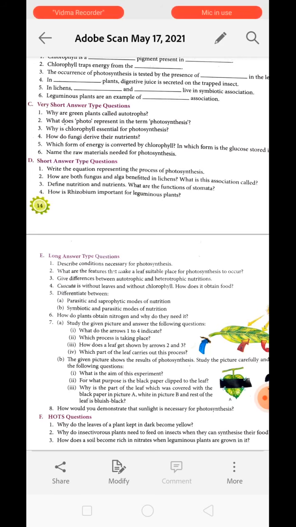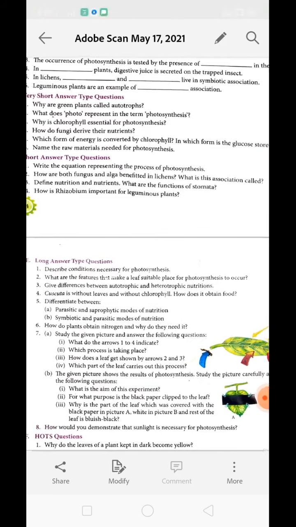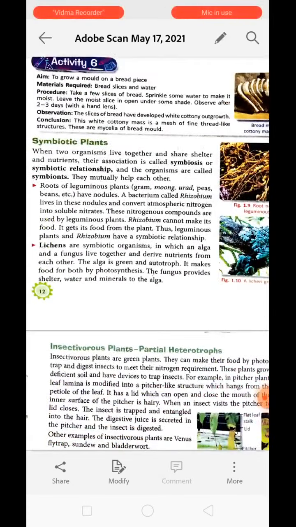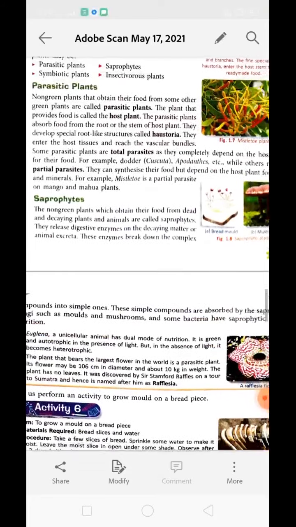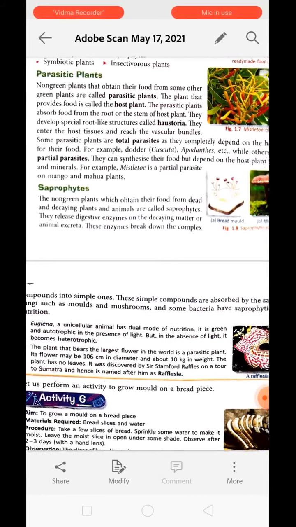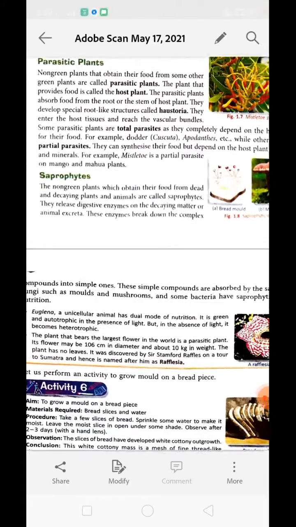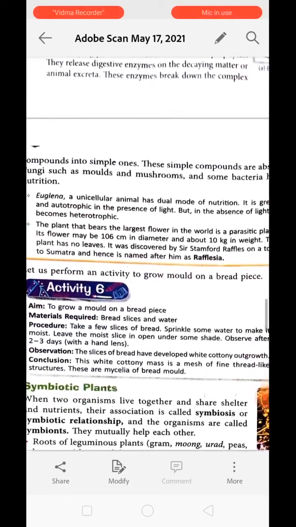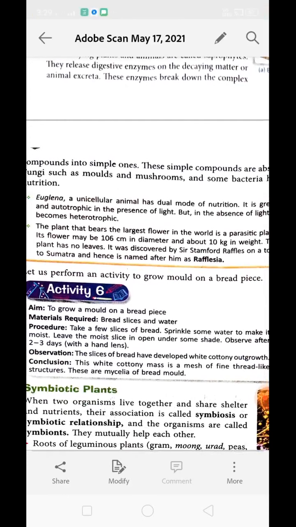Now fourth question, how do fungi derive their nutrients? It is given over here, on page number 11, second last line. They release, you will write fungus instead of they.